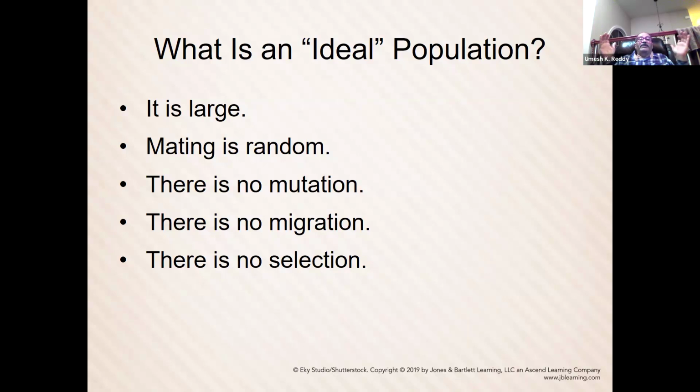So the population has to be large. Whether it is an insect population, bird population, or plant population, the ideal population size should be large, and the mating should happen randomly. That way you can prevent inbreeding and you can maintain heterozygosity. And then there should not be any mutations. Mutations can perturb equilibrium.